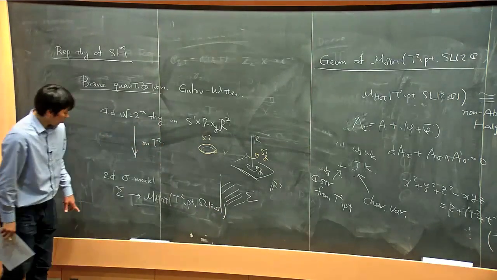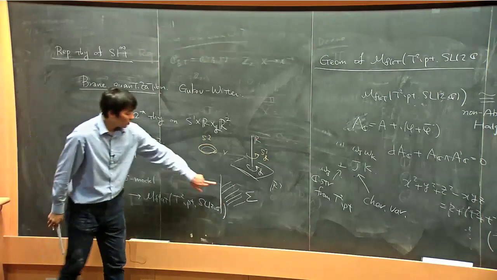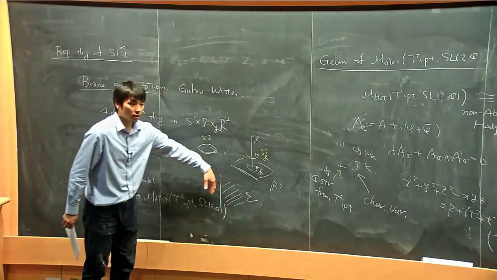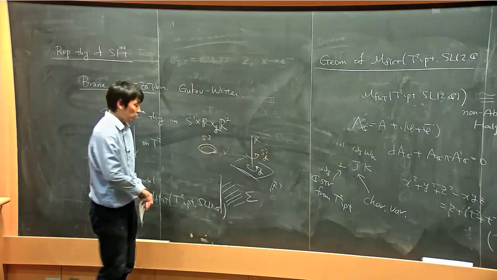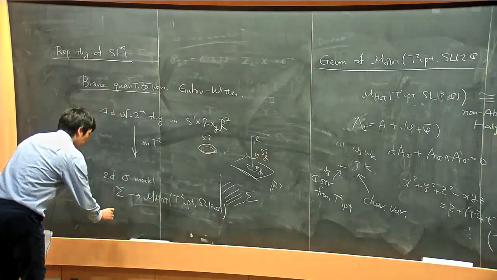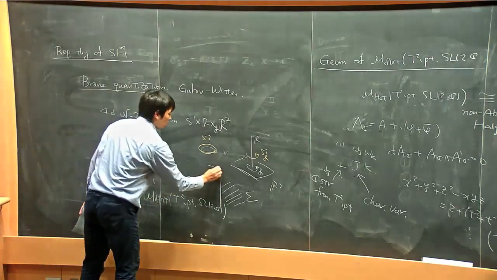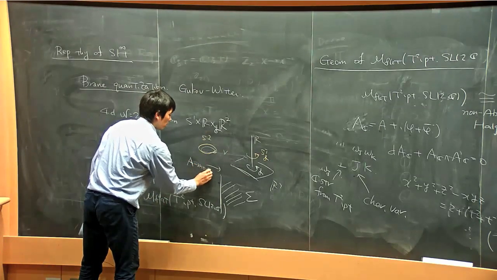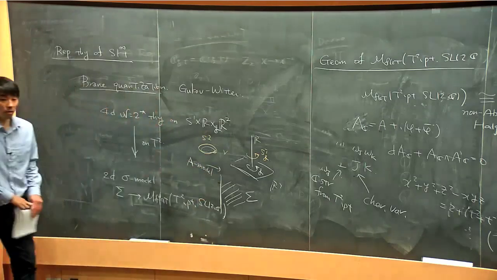Once you compactify on this sigma model, you have some half plane with boundary, and you have to impose some boundary condition. And I'm interested in the A model. So I just want to consider the boundary condition in the A model.